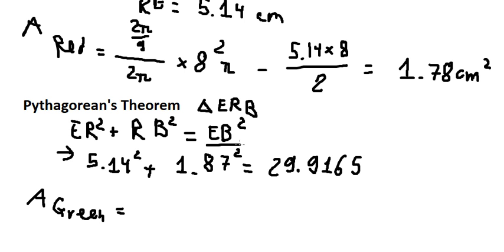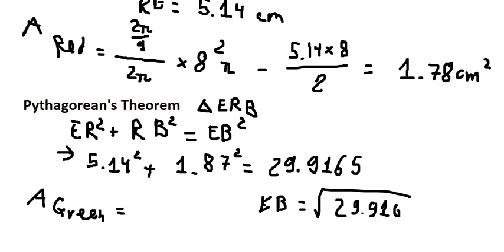And now we need to find this one. So we put the square root for both sides. So we calculate this one, and that is about 5.47.